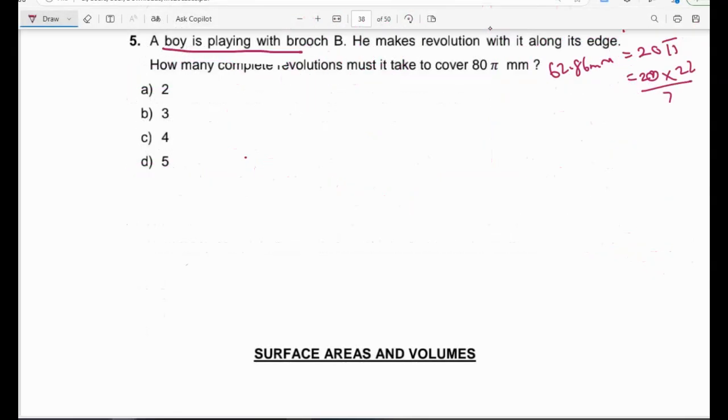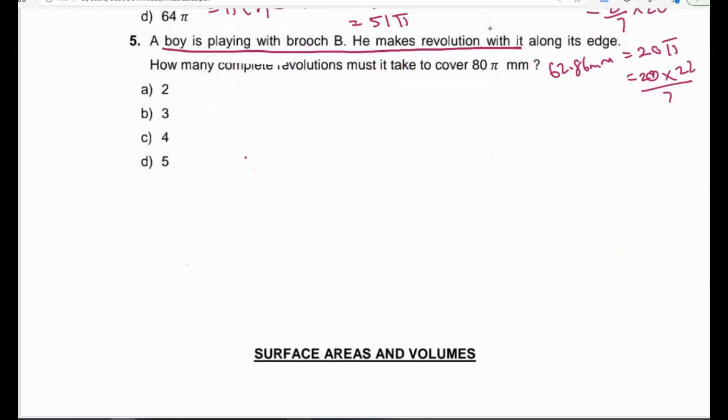A boy is playing with a pouch B. He makes a revolution with it along with the edges. How many complete revolutions must it take to cover 80 pi millimeters?